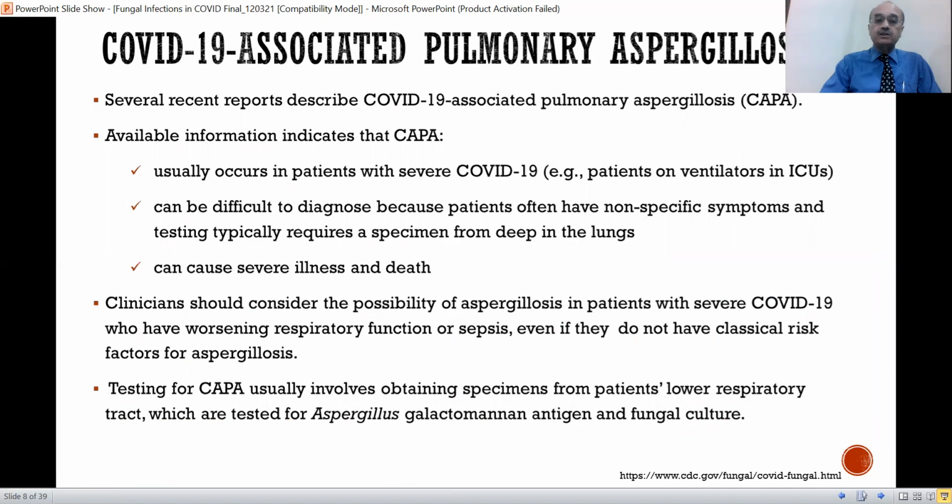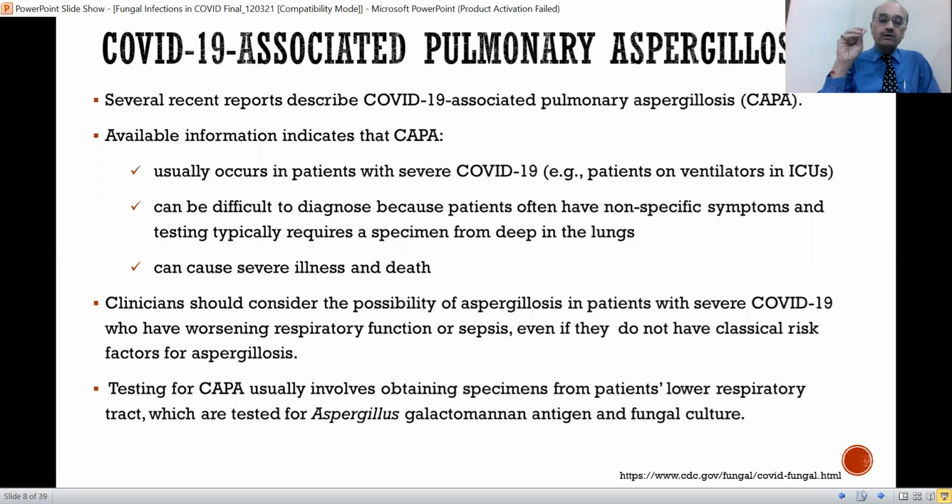Therefore, all the clinicians treating these critically ill patients, especially in the ICUs, have to keep our eyes and ears open and always look for the possibility of aspergillosis in those severe COVID-19 patients who are worsening in their condition, worsening sepsis, worsening respiratory function in spite of the various antibiotics and other treatment being continued. Even though they may not have the classical risk factors for invasive aspergillosis, this has to be kept in mind in view of the existing circumstances in these COVID-19 patients.